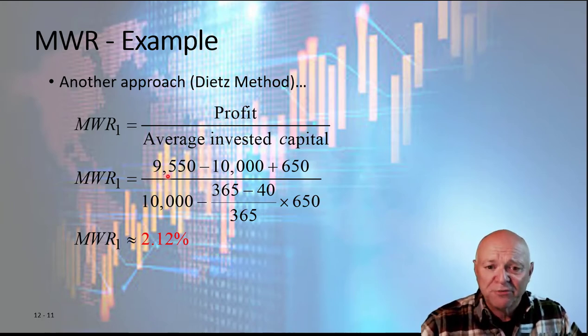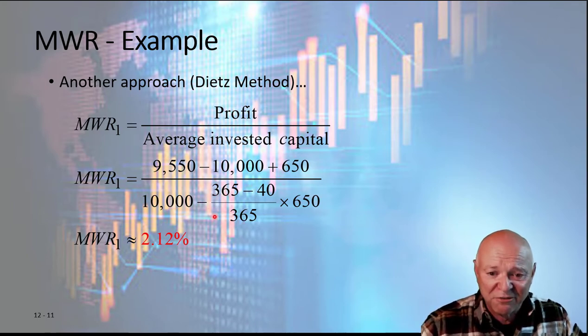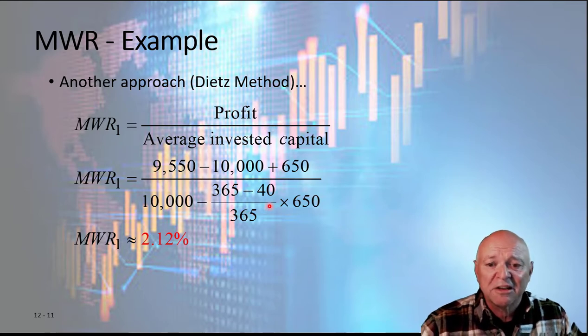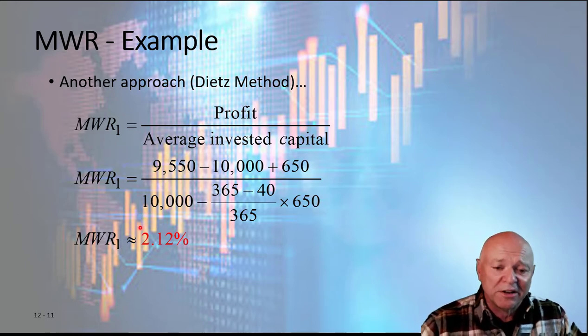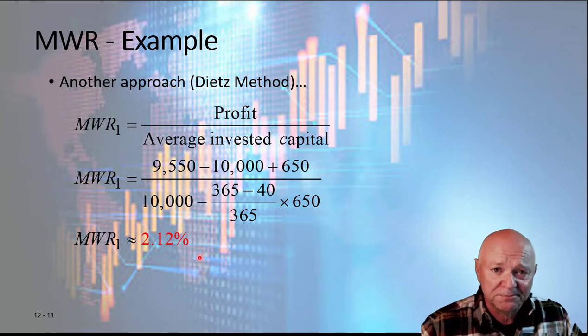So for this one, our profit is going to be the money at the end of the period minus the money at the beginning of the period, plus our cash flow, the 650, divided by 10,000 for the part at the beginning, minus 315 divided by 365 times 650. That gives us our average invested capital. And using the simple Dietz method, we would end up with a value of 2.12.